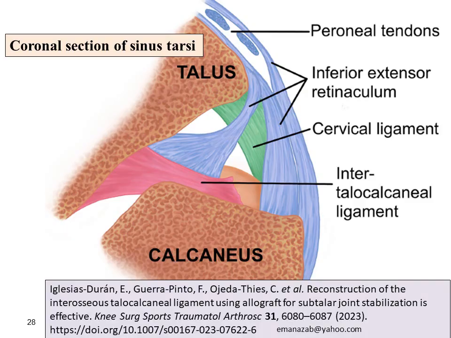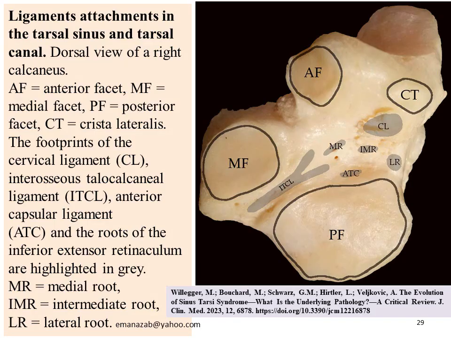Coronal section of the tarsal sinus demonstrating the interosseous ligament, cervical ligament, and the three roots of the stem of the inferior extensor retinaculum. And as you see, the medial root crosses the tarsal sinus from lateral to medial to be attached to the talus and attached to the superior surface of the calcaneus.